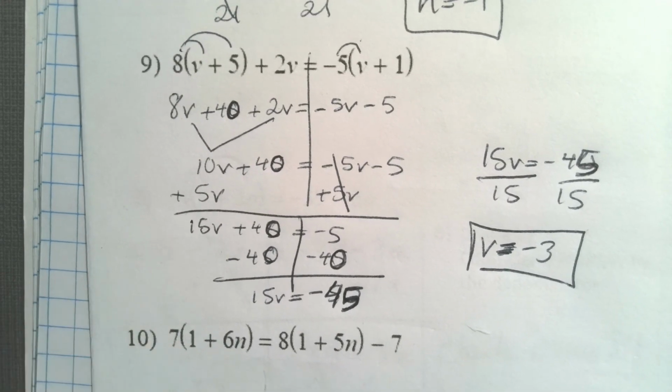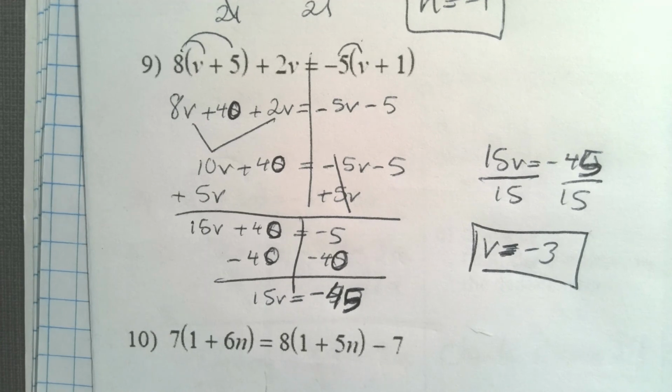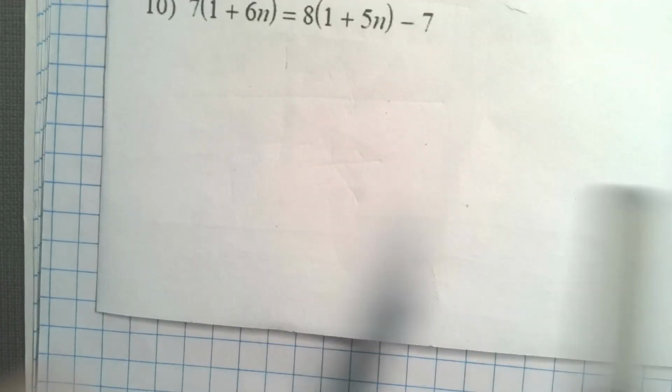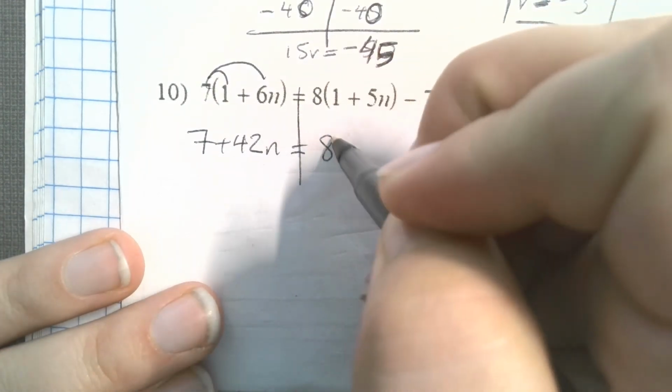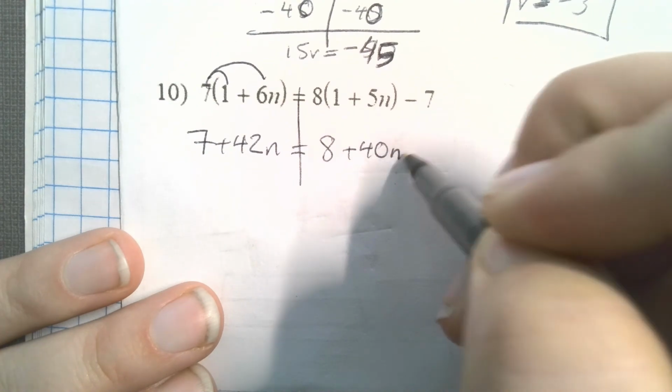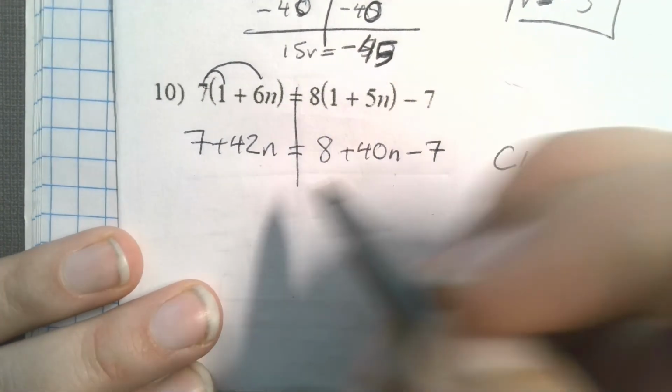Have you guys had a chance to try 10? I'll give you a chance to try. Okay, guys, I'm just going to knock out number 10. You're just going to distribute. Distribute, distribute. Then we're going to combine like terms.